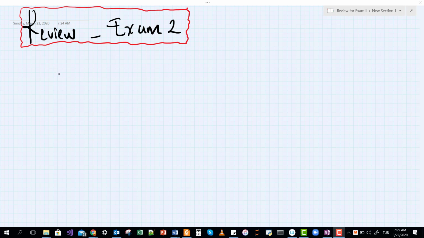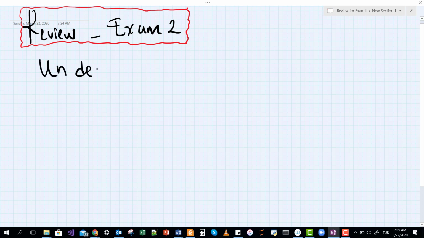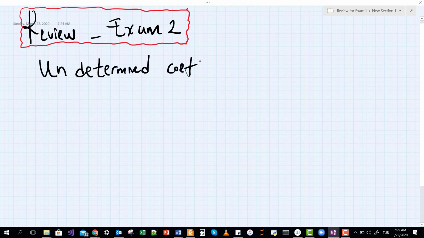Okay, before starting the questions, I wanna remind you of the rules we need to remember to be able to solve these questions. If you remember right, the main topic for the second exam is gonna be the undetermined coefficients technique. What were the rules we used to solve all these problems?